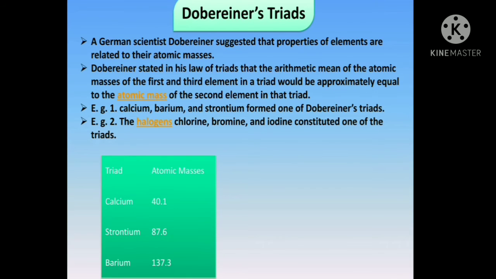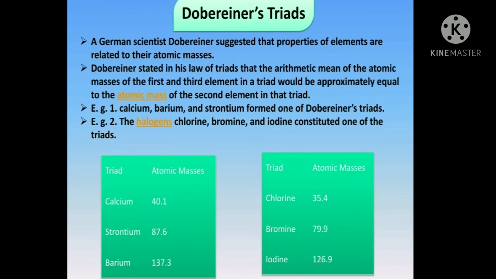If we calculate the average of these two atomic masses, that is 40.1 plus 137.3 divided by 2, we get the answer as 87.6, which is the atomic mass of strontium.